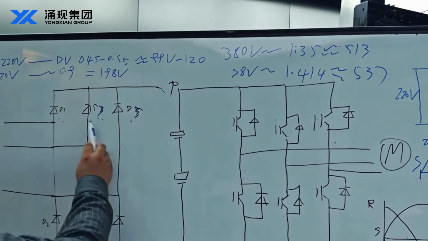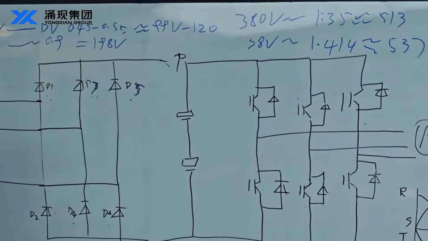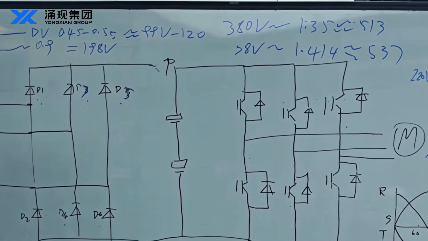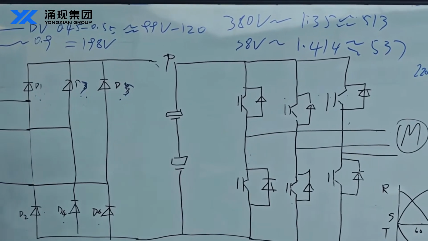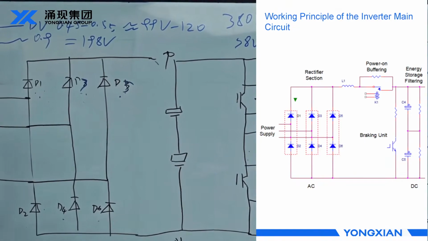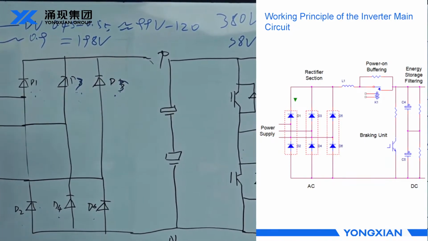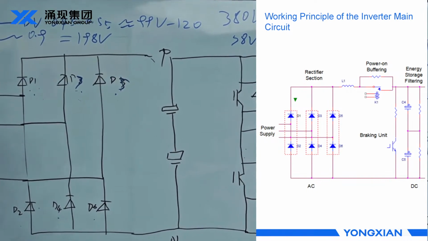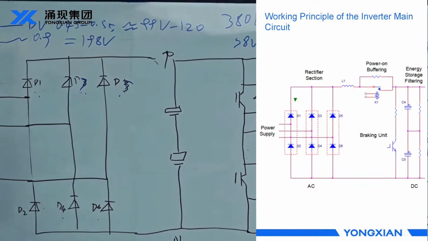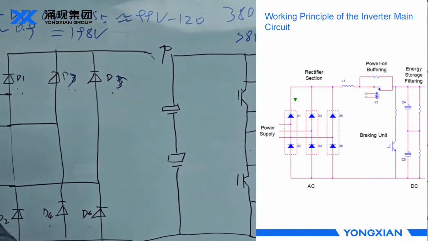In the three-phase rectification process, one large cycle is divided into 6 segments. In each segment, one pair of diodes supplies power to the load.